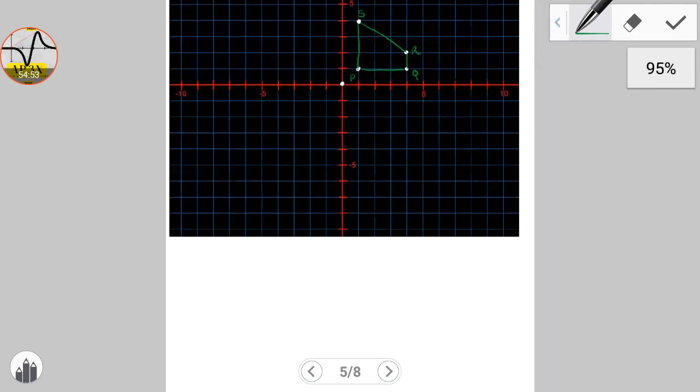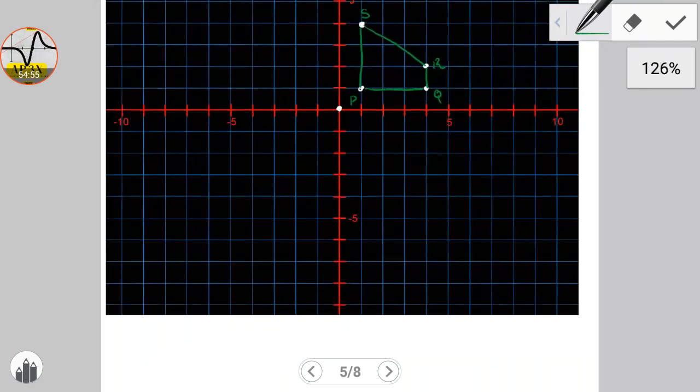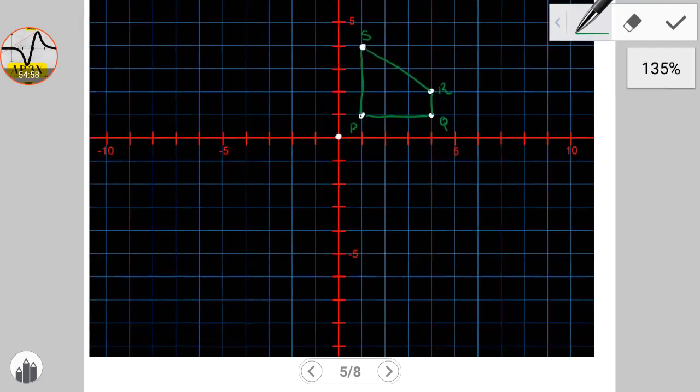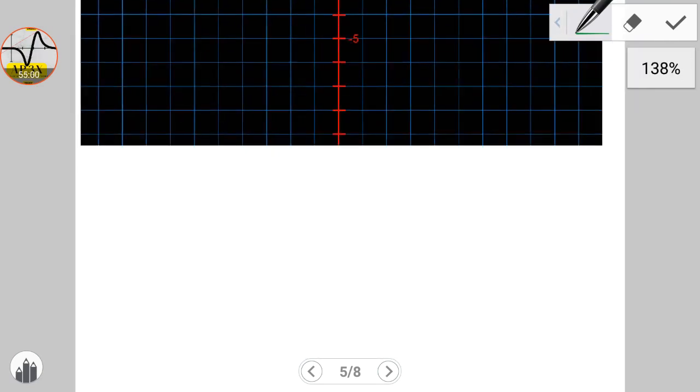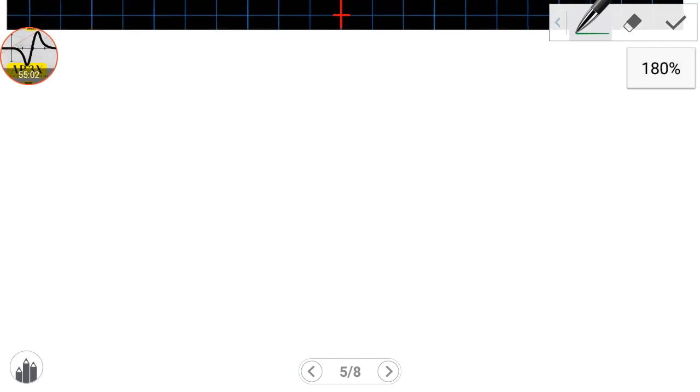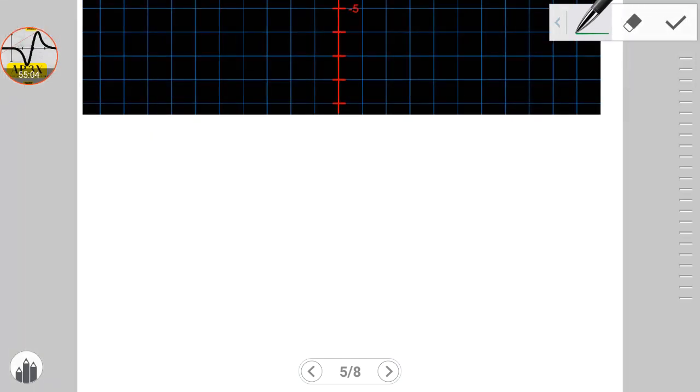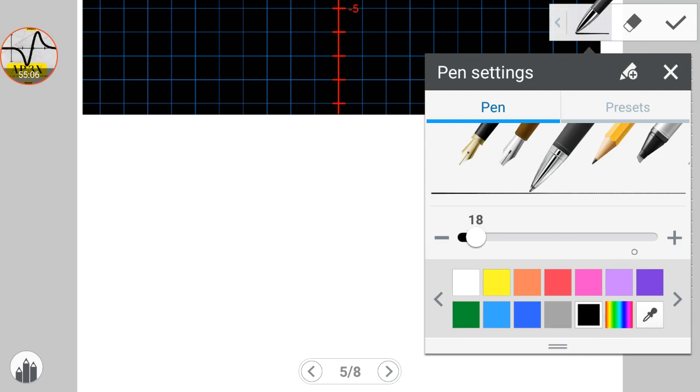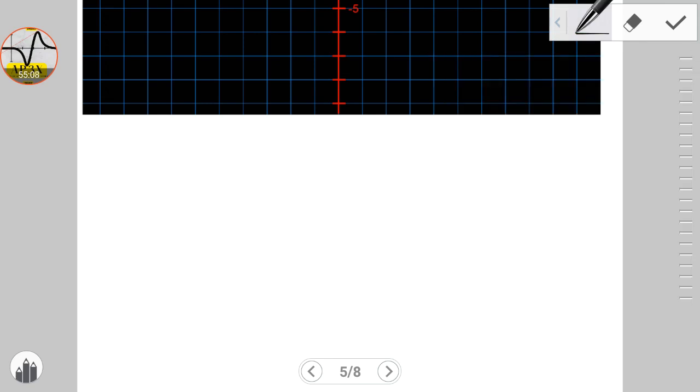Now, when I was teaching this topic, I tend to make it a little bit easy for my students. So what I did was tell my students what happens after each transformation.